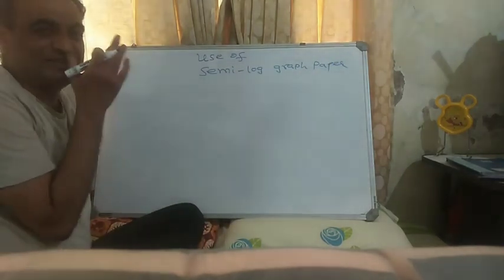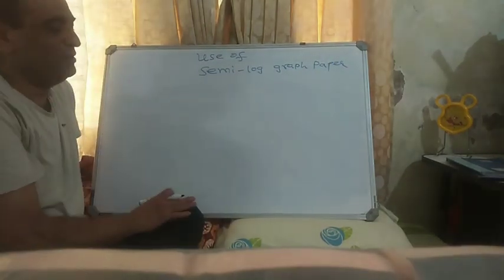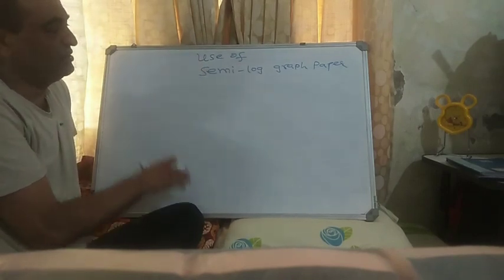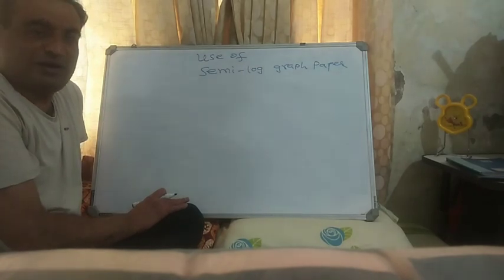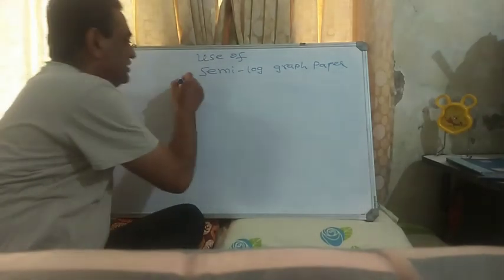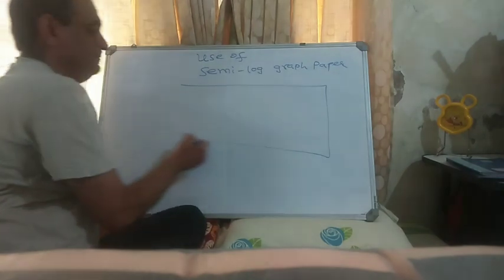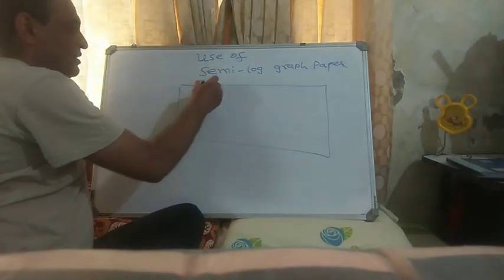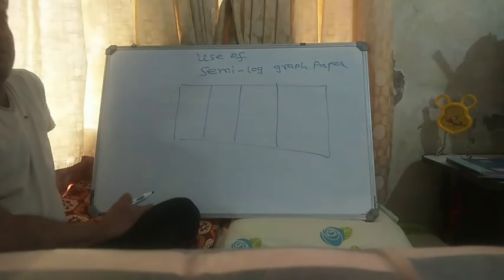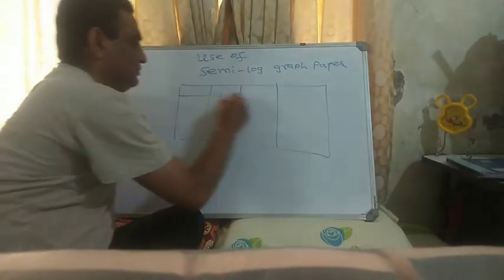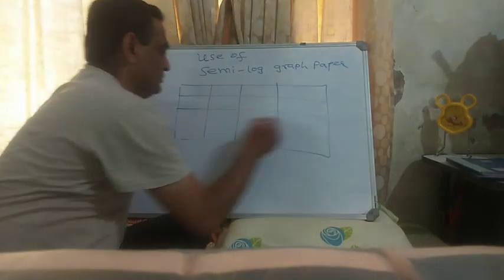If you go to a stationery store and ask for semi-log graph paper of, let's say, 5 cycles or 7 cycles or 10 cycles, they will give it to you. It looks like this.